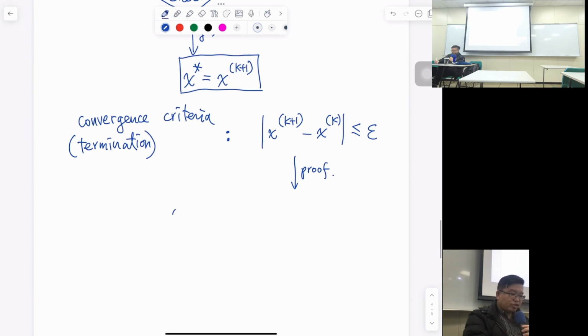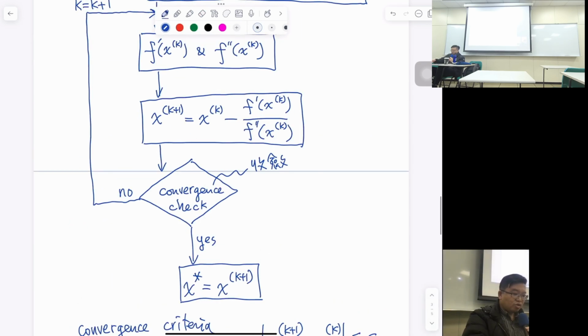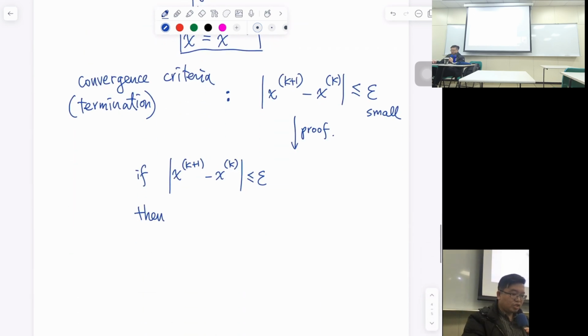For Newton's equation, if the difference between those two are already smaller to a very small number, very small, okay? Then you can plug in what you had from the Newton's equation.